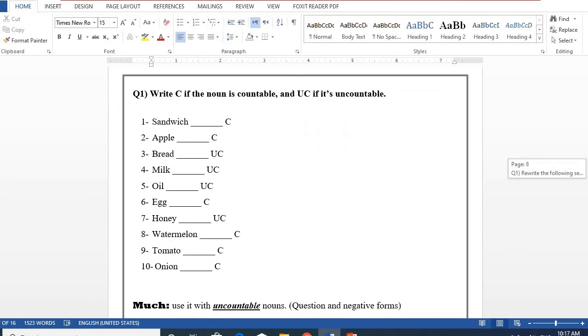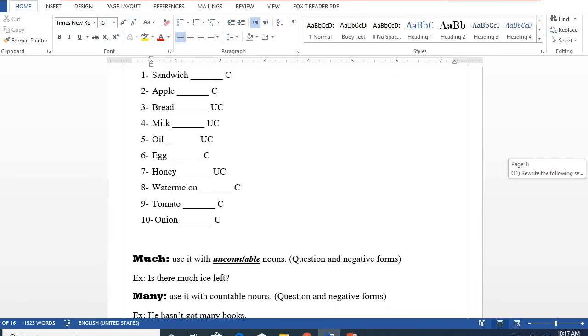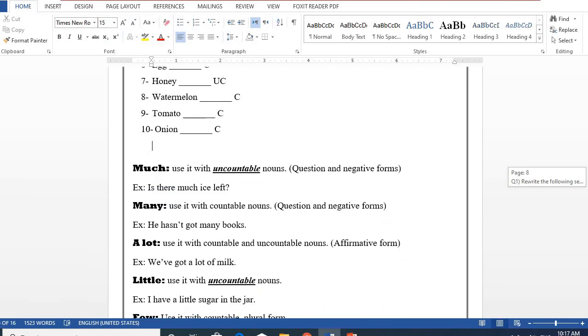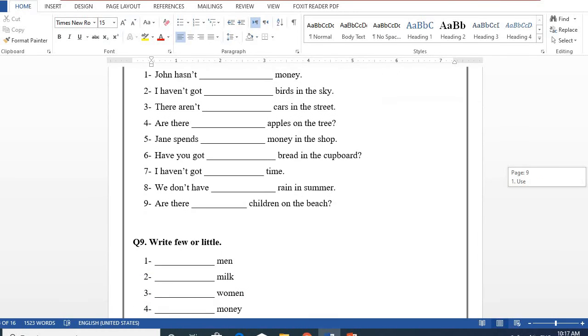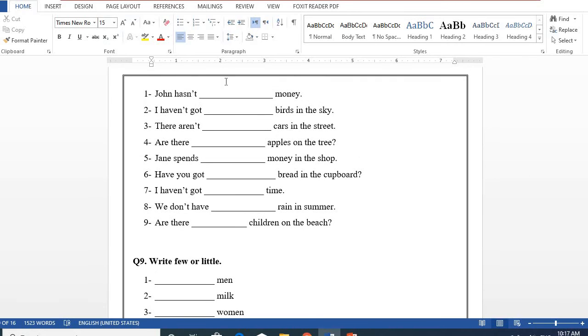Okay, we already did this question together related to countable and uncountable. As for the quantifiers, I'll do half of the questions with you and I'll send the rest to you as homework. So let's start. John hasn't money. First of all, I have to think of the noun. The noun is money. Is money countable or uncountable?